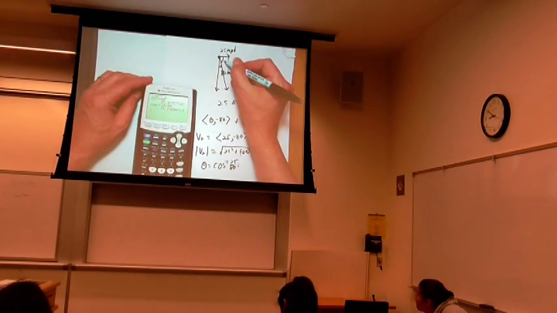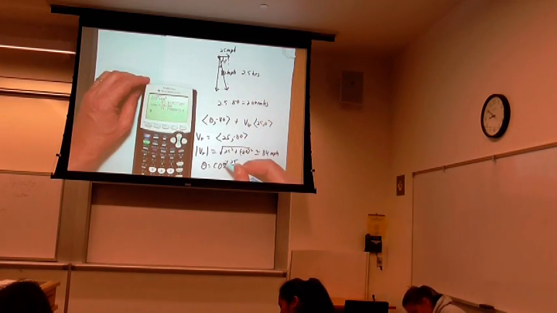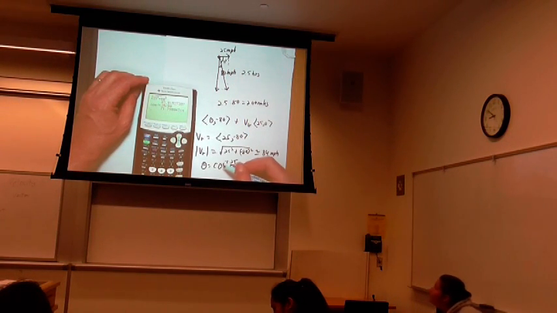So this angle here is 71 degrees. So the direction we're going is 71 degrees south of east.